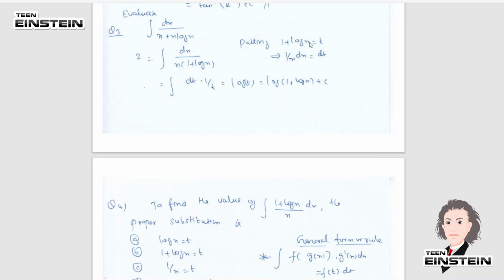When you differentiate, you will be getting 1 by x dx is equal to dt. Therefore, I can easily replace dx by x with dt, and 1 over 1 plus log x is 1 by t. Integral 1 over t dt is log t. Then t is a dummy variable, so it is replaced by 1 plus log x, plus constant of integration c. Is it clear?